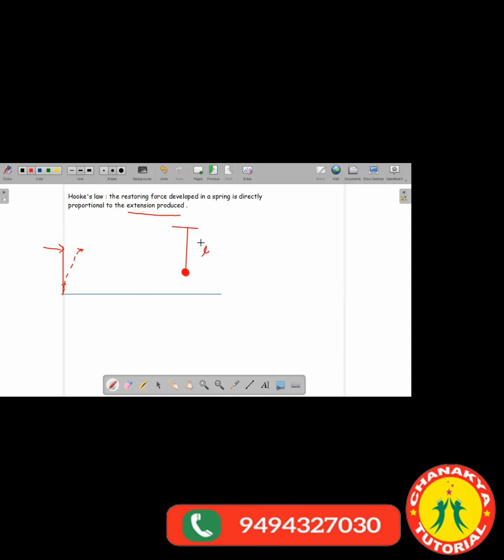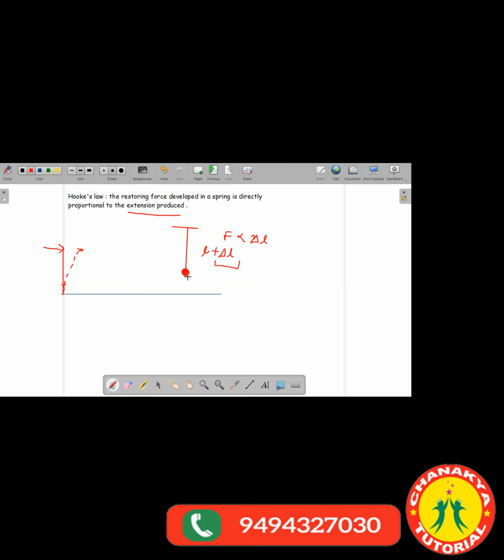There will be a change of length. A new length would be added to it. Its length will increase. So this phenomenon is called Hooke's law. Since the change of length is delta L, as per Hooke's law we write F is proportional to X or delta L.